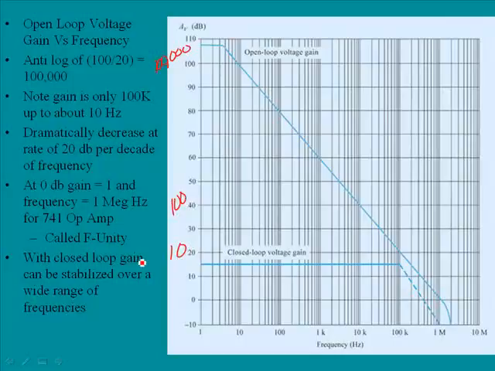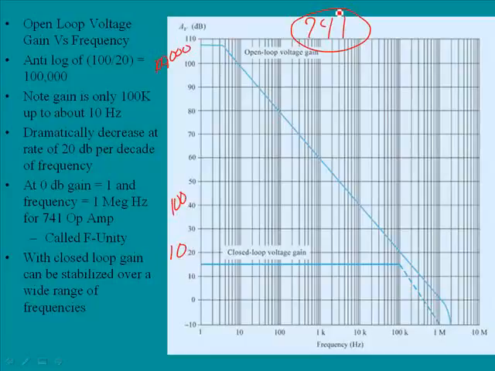Now, what we'll note here is the gain relationships and frequency that we would see of an op-amp, and this is peculiar to the 741 op-amp. This will vary depending on the op-amp, and there are literally thousands of op-amps, so there'd be lots of different curves. But this is a very popular op-amp that's widely used, and let's look at the characteristics of this device.